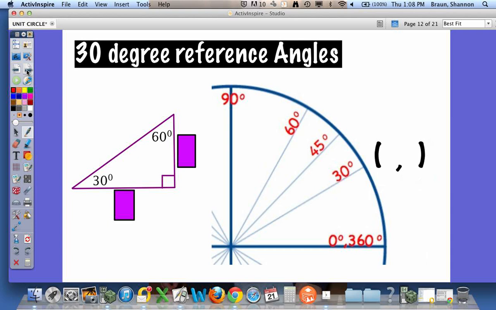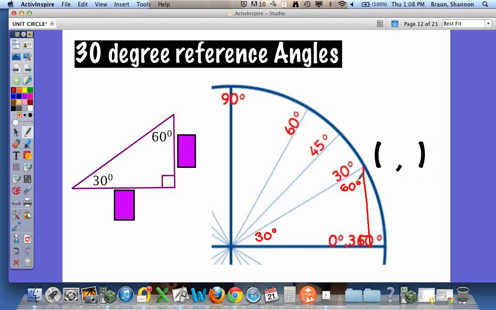So here in quadrant 1, we're going to take a look right here at our 30-degree angles. Now imagine if I were to draw a right triangle there with my 30-degree angle. So here's my right triangle. What kind of a triangle did I just create if this is 30 degrees and I made this a right angle? A 30, 60, 90.